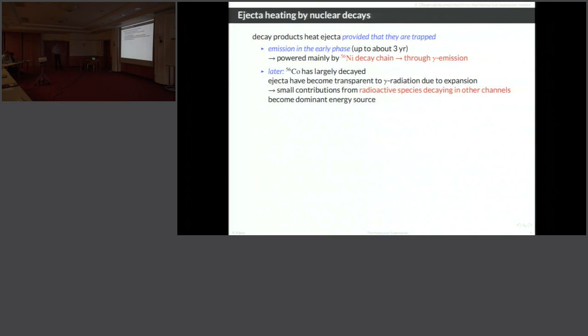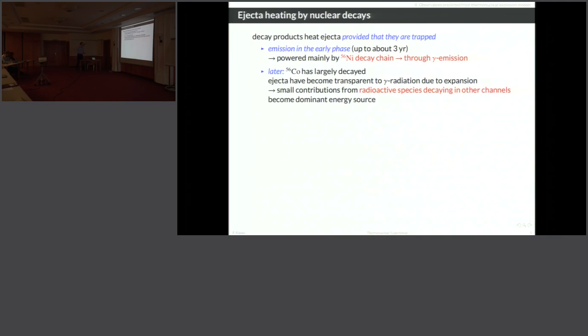Later on, the nickel-cobalt decay chain has extinguished at some point. The ejecta have become transparent to gamma ray radiation due to expansion, and then the originally small contributions from radioactive species that decay through the leptonic channels may become the dominant energy source, because the ejecta may be transparent to gamma rays already, but not yet to electrons.